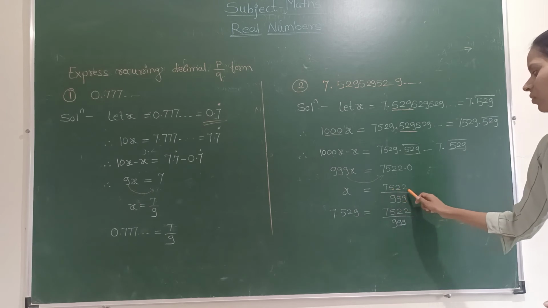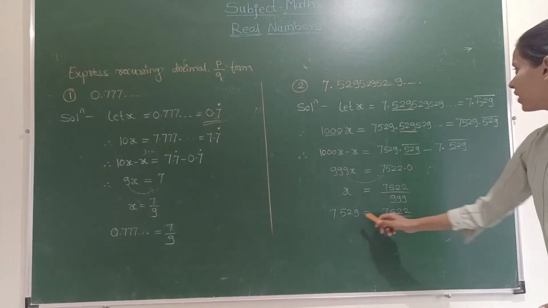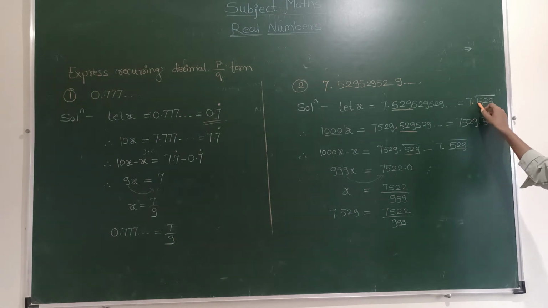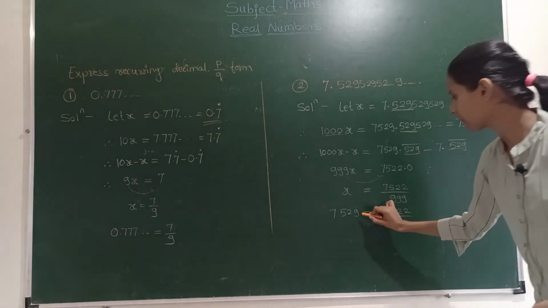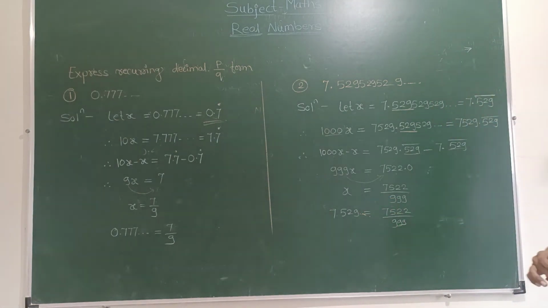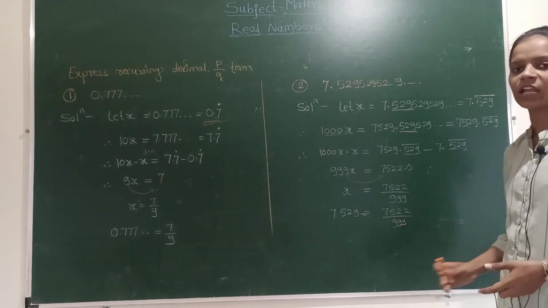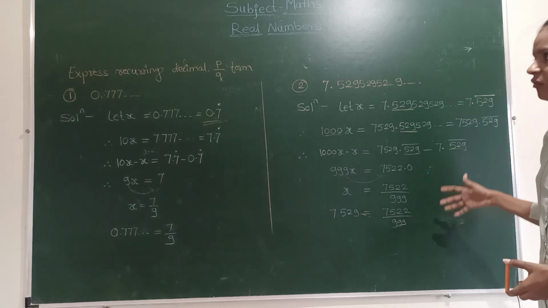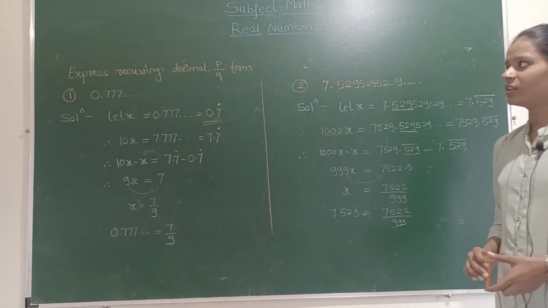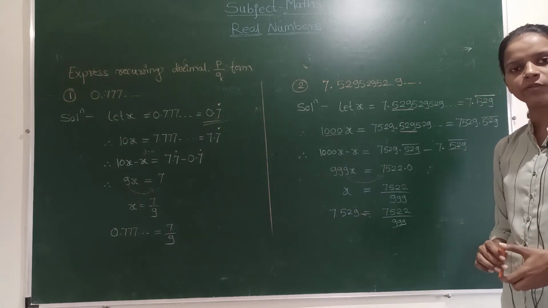Therefore x is 7522 upon 999. So 7.529 repeating is equal to 7522 upon 999. This is how we have expressed the recurring decimal in p by q form.